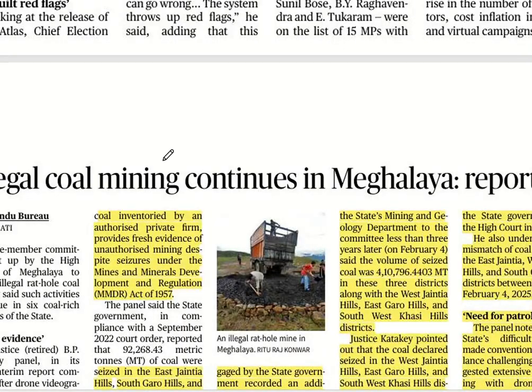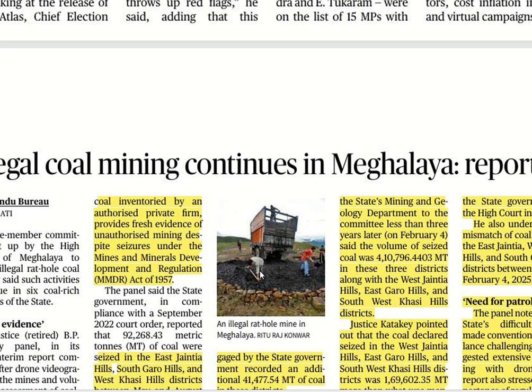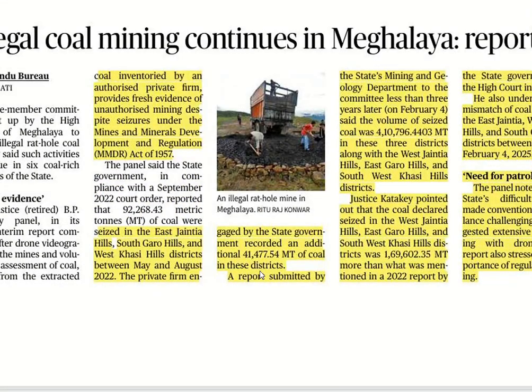One more topic: illegal coal mining continues in Meghalaya. Meghalaya is our state of India, and also a very good land for coal mining.